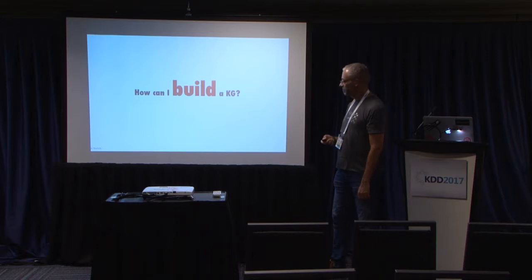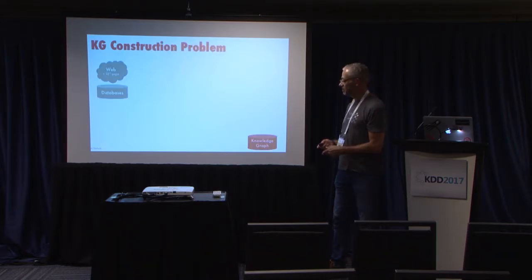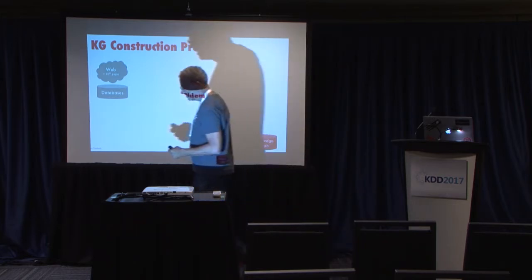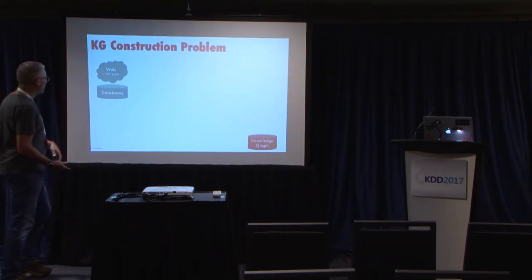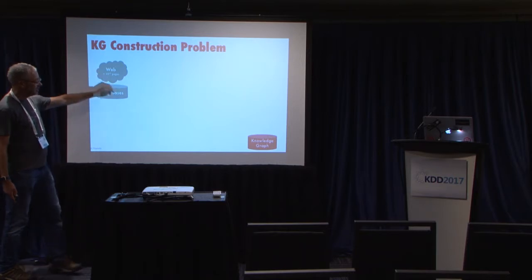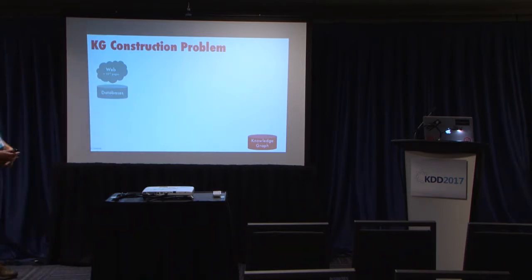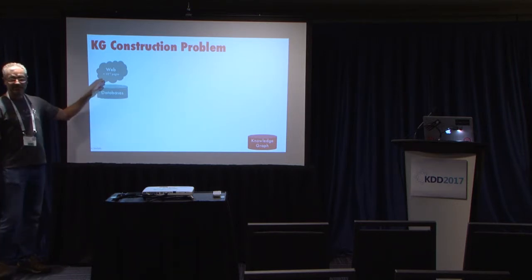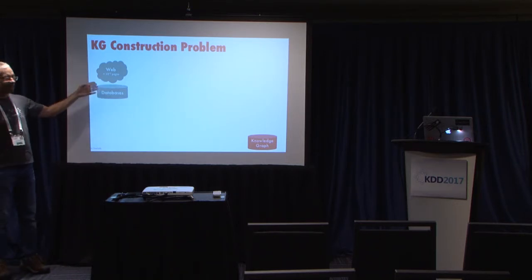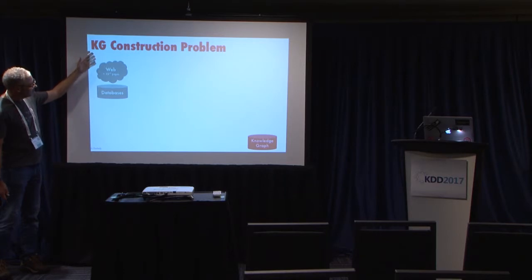So how can I build one? And to me, this is a very simple question. So I have my inputs and I have my outputs. And the question is, how do I go from lots of databases that I may have access to, and the web, which is 10 to the 13.